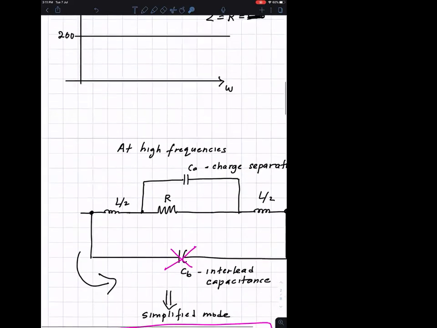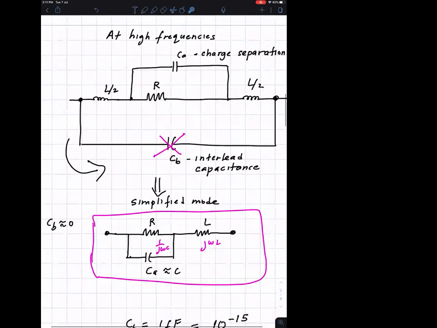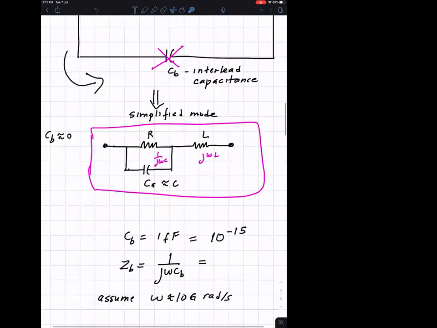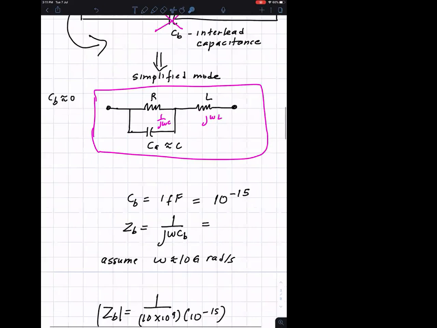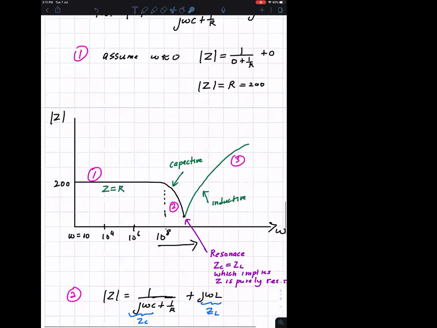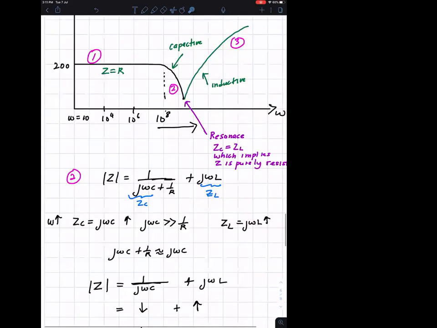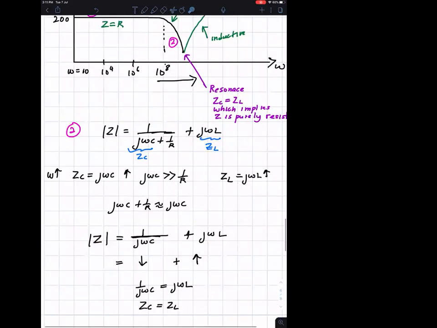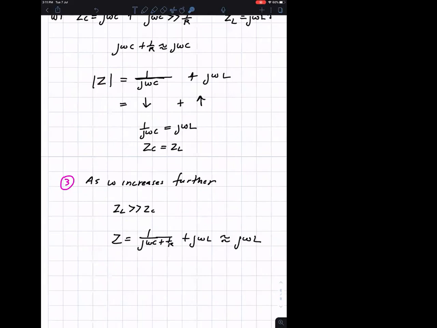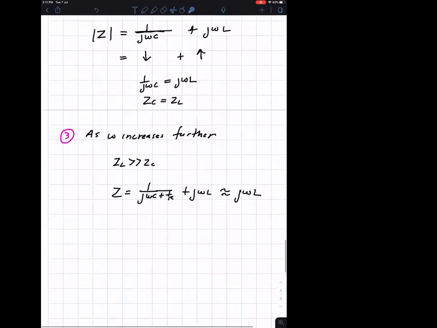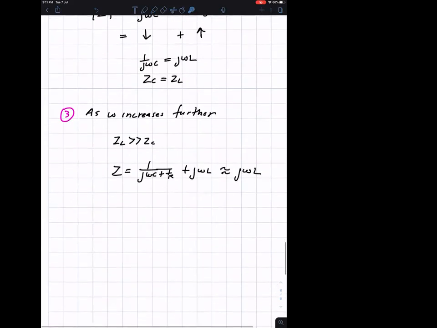And then you use this low frequency concept without knowing your high frequency model of the resistor. You think that at high frequency, it's still going to be a straight line. And then you go and design, and your design is going to be a failure. So this is to show you how the resistor parasitics can affect the impedance response.